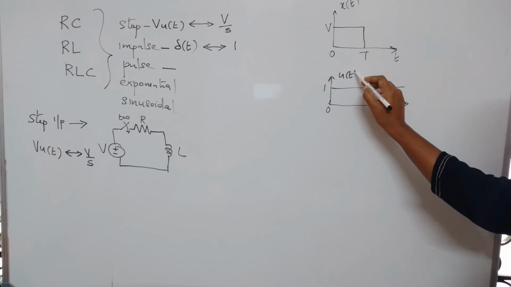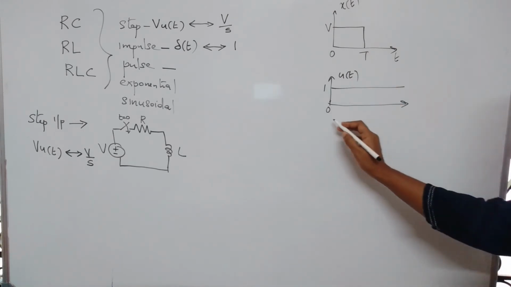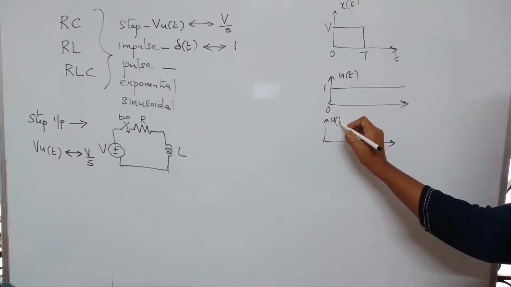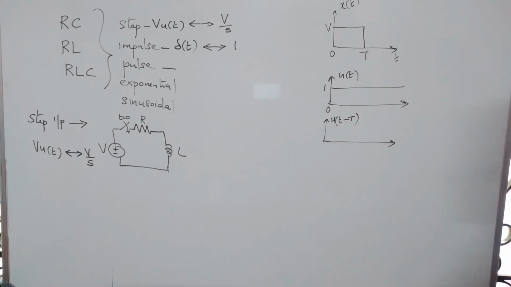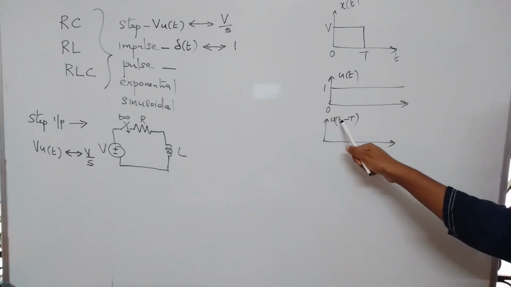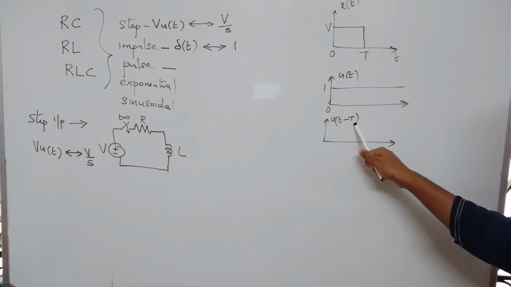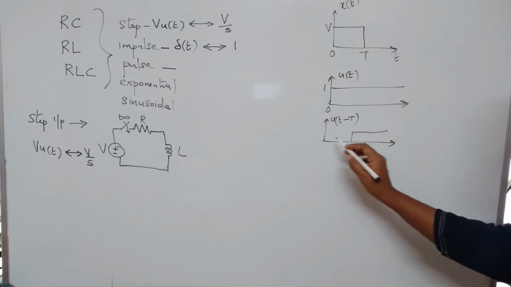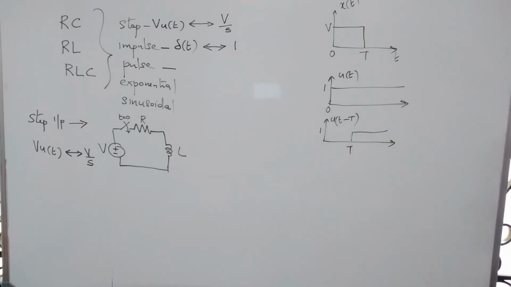This is u of t, correct? Now what is u of t minus capital T? It will be the unit step function delayed by capital T units. That is, it will start at t and extend till infinity having amplitude equal to 1.